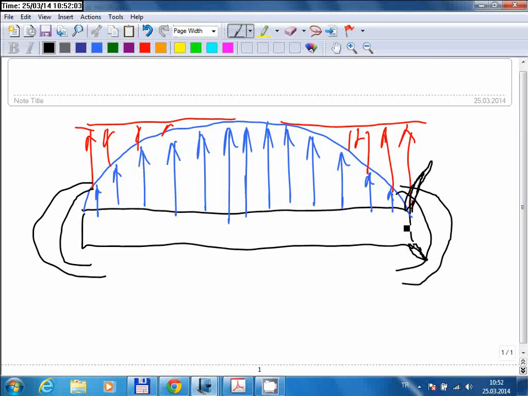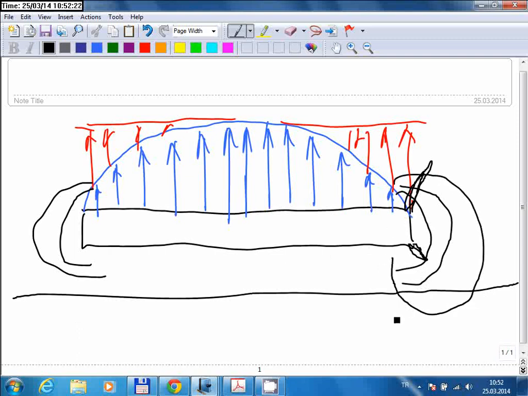can be eliminated if you are flying very close to the ground. So if the aircraft is flying very close to the ground, suppose that this is where the ground is, then the air on the lower surface will be squeezed here, and these vortices will be smaller, right?